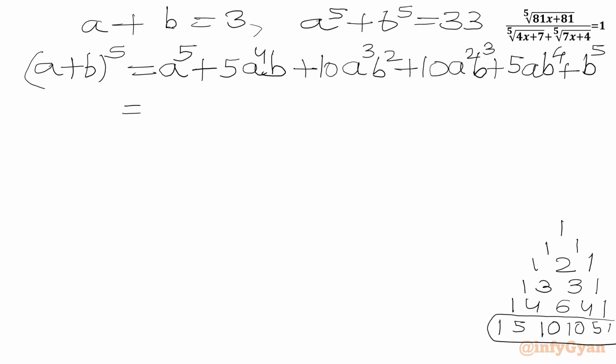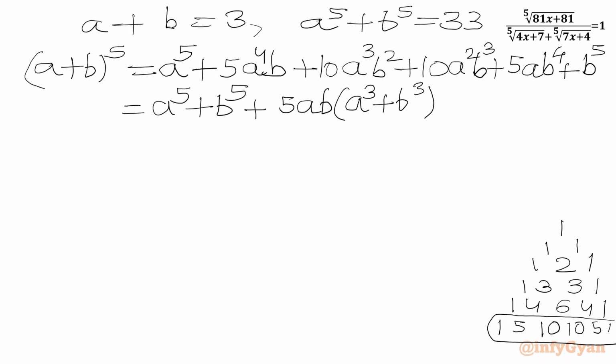Now we will take common out. A power 5 plus b power 5 we will write all together. Then we have 5a power 4 b plus 5ab power 4. From there we will take 5ab common. So in the bracket we can write a cube plus b cube. Then 10a cube b square and 10a square b cube, we will take 10a square b square common out. So in the bracket we will be writing a plus b.